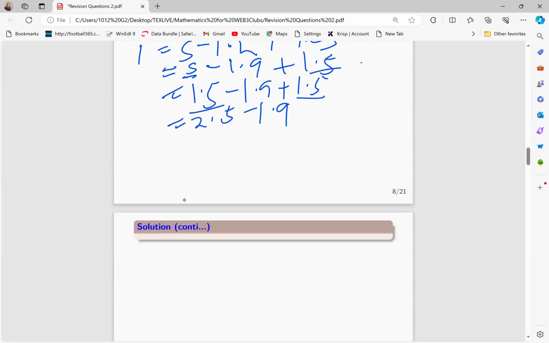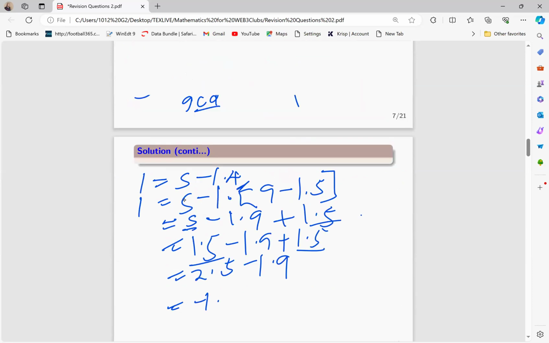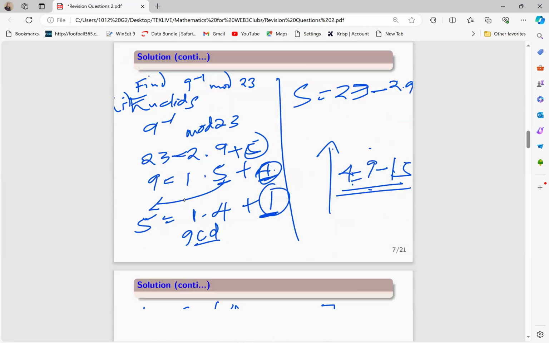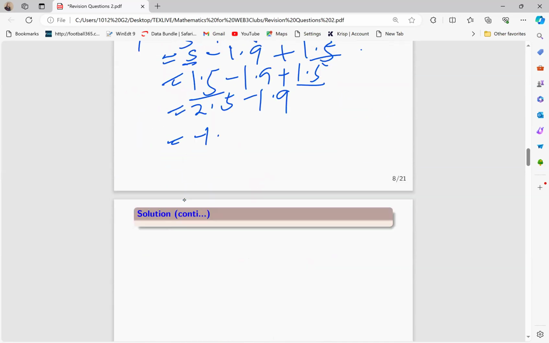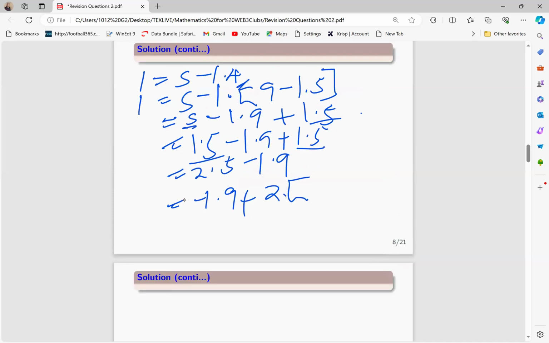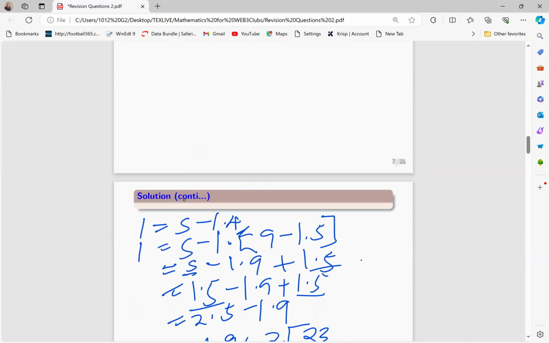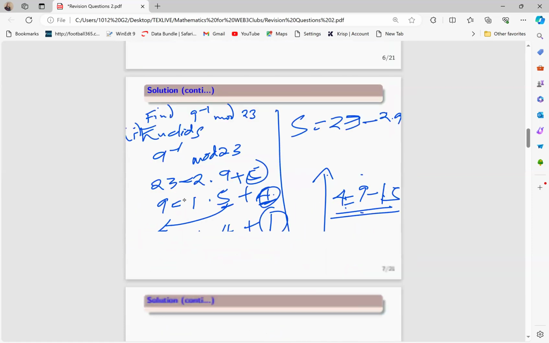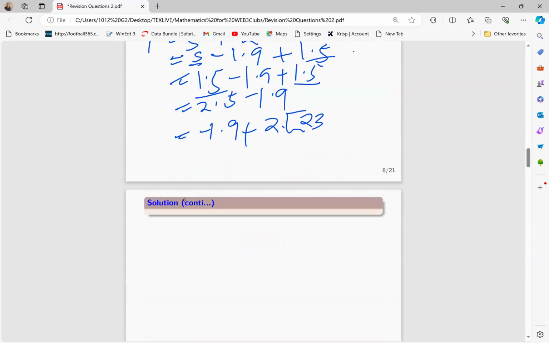So you come here into this equation. Now it starts with 1 equals minus 1 times 9 plus 2 times 5. Now replace the 5, which you now know is 23 minus 2 times 9.